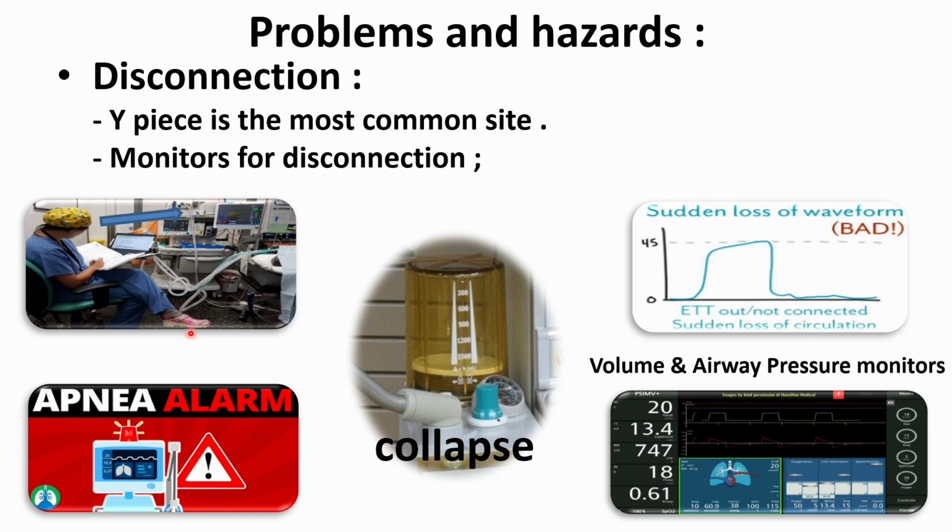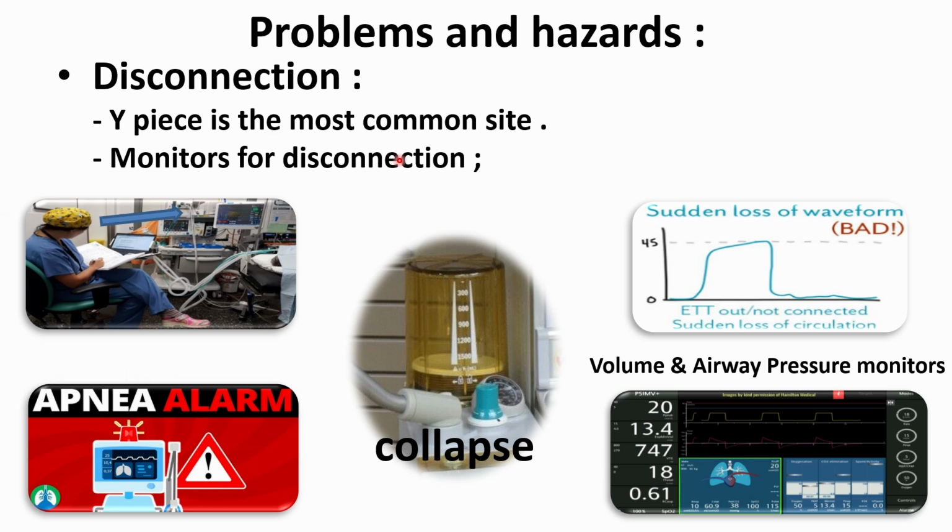Okay, other monitors for disconnection: the apnea alarm, which you can modify according to a specific time, which by default is around 60 seconds, and sometimes we set it for 30 seconds.